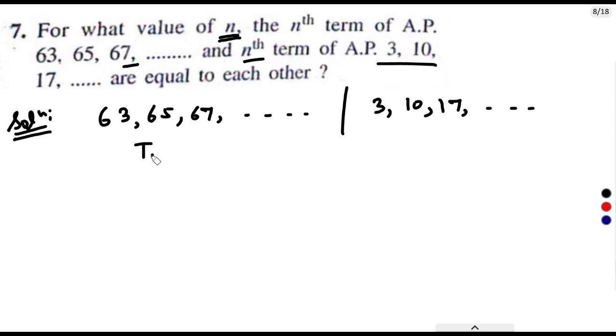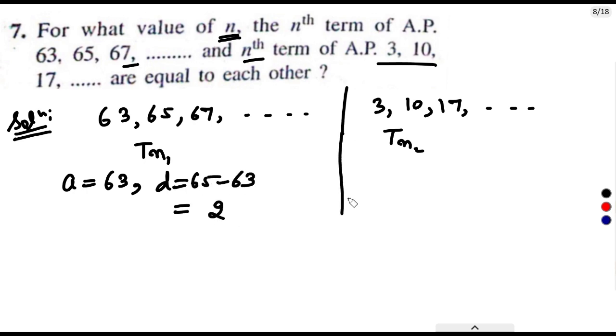Nth term of this series is equal to nth term of second series. For first series, first term is 63 and the common difference is 2. For second progression, first term is 3 and the common difference is 7.